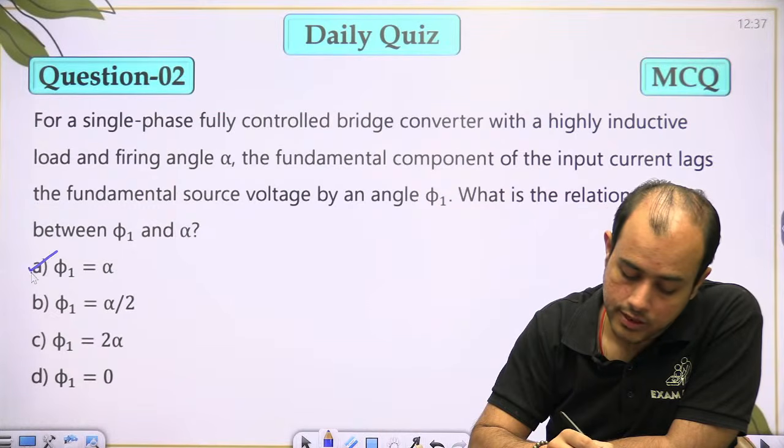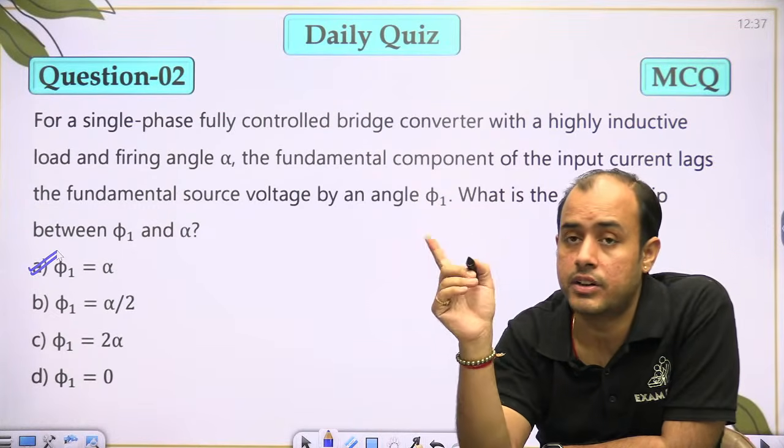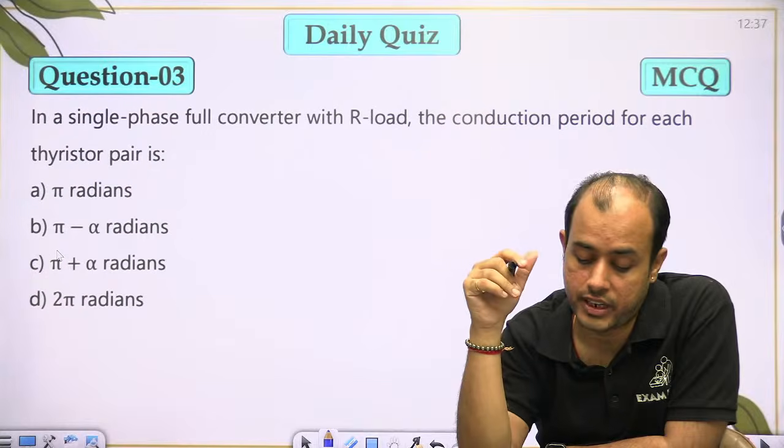Phi 1 is alpha because in a full converter FDF is cos alpha.